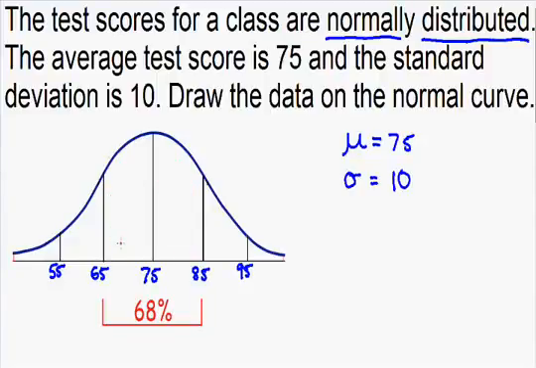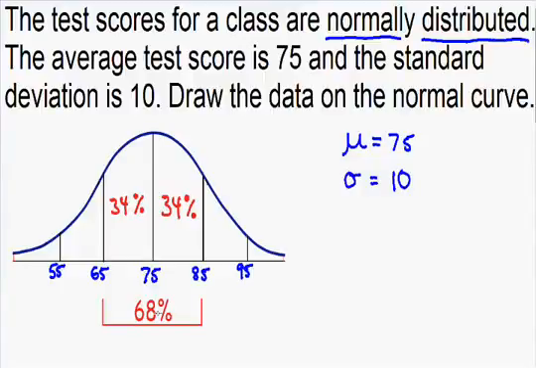So if we take half of 68%, we know that this area to the right of the average and one standard deviation is 34%, and we know the area to the left of the average and one standard deviation is also 34%. 34% plus 34% gives us our 68%.